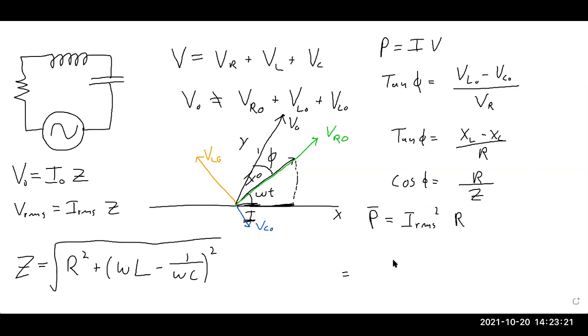And this ends up being equal to, R is going to be equal to Z times the cosine of phi. Using this equation, multiplying both sides by our impedance Z, cosine of our phase angle. However, IRMS Z is equal to our voltage.